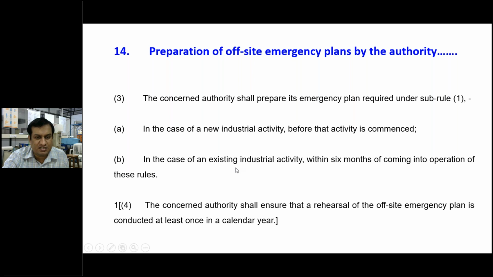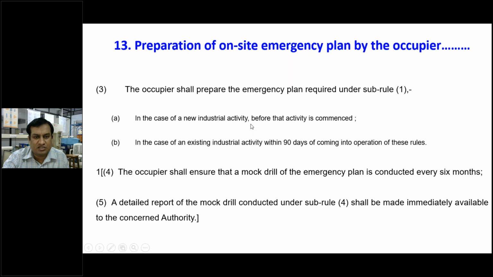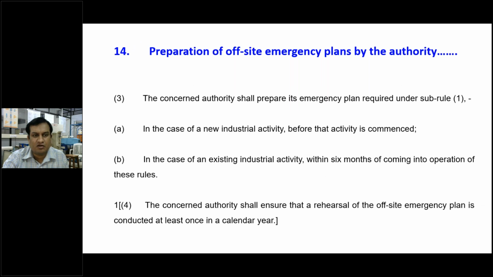In the case of an existing industrial activity, you have to prepare it within 6 months of coming into operation of these rules. Please note that for the on-site emergency plan, the new industrial activity criterion is the same, but for existing industrial activities it is within 90 days. Now in the off-site emergency plan, it is within 6 months of coming into operation of these rules.